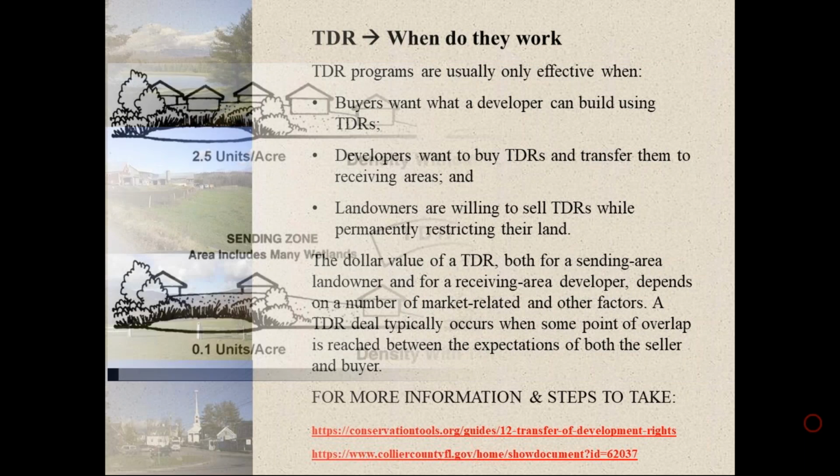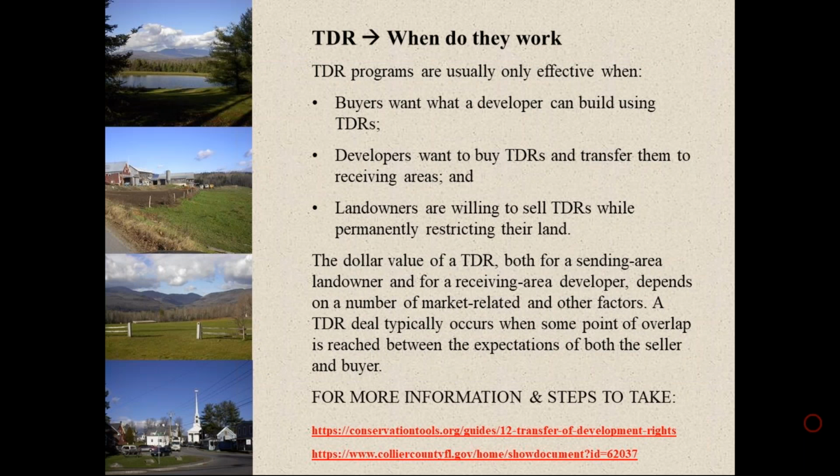That's one of the reasons why, and I don't know if this slide is one you have or not, this tells about how and when TDRs work and also gives you some links for getting more information on TDRs.